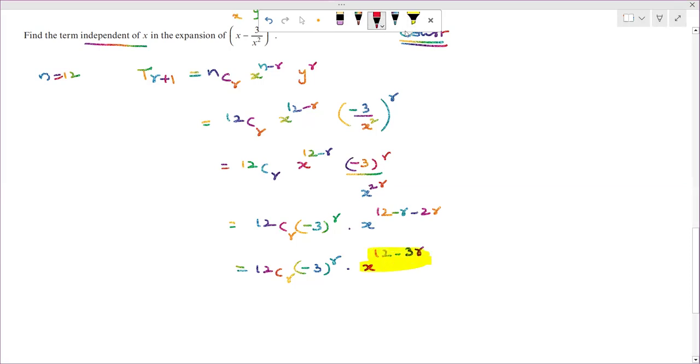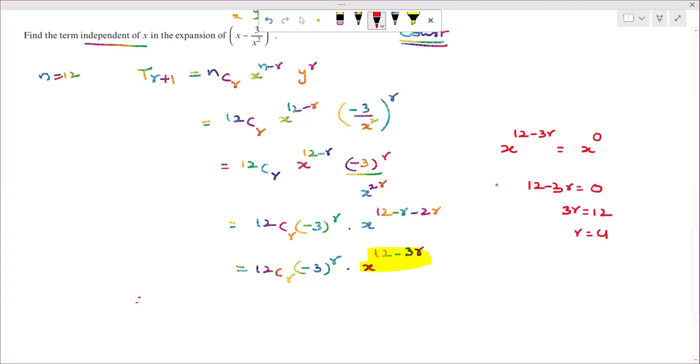Now they said independent term means the x term should not be there. So you should equate x to the power of 12 minus 3r to x to the power of 0. Suppose if they want the x square term, you should equate with x square; if you want x cube, you should equate with x cube, like that. Here 12 minus 3r is equal to 0, 3r is equal to 12, r is equal to 4.